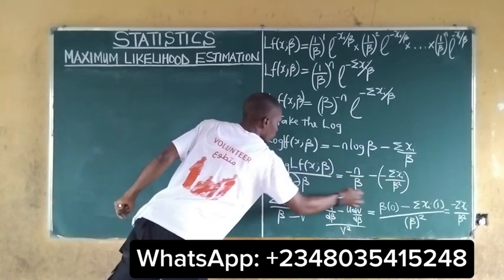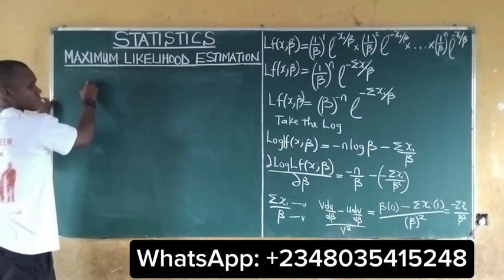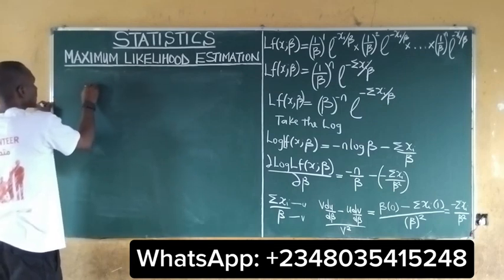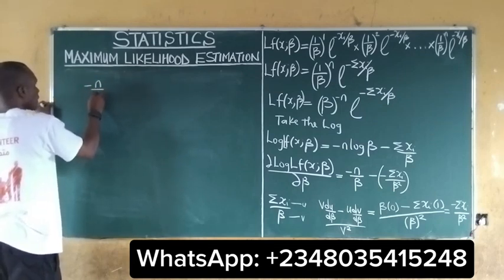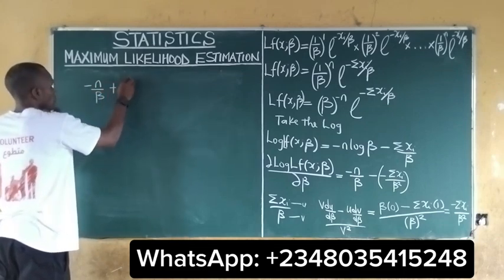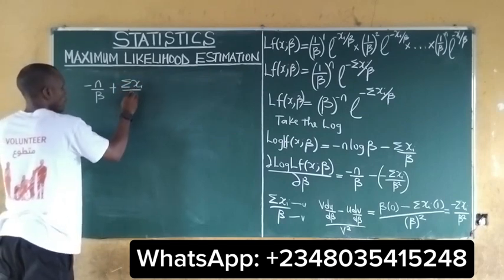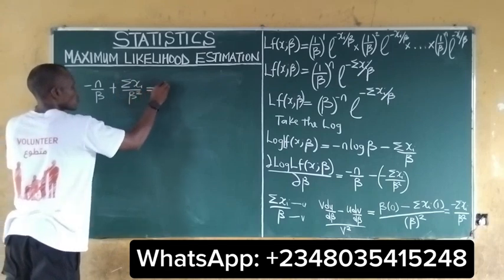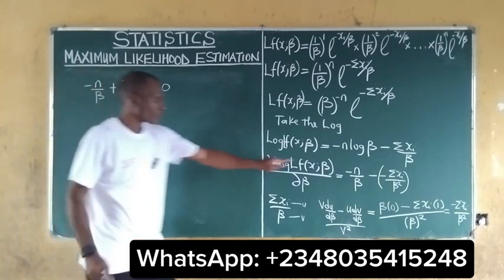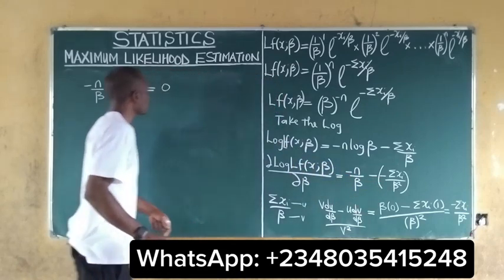Equating the whole of this to 0, we have negative n all over beta plus summation of xi all over beta squared is equal to 0, because a negative sign multiplying a negative sign gives a positive sign.